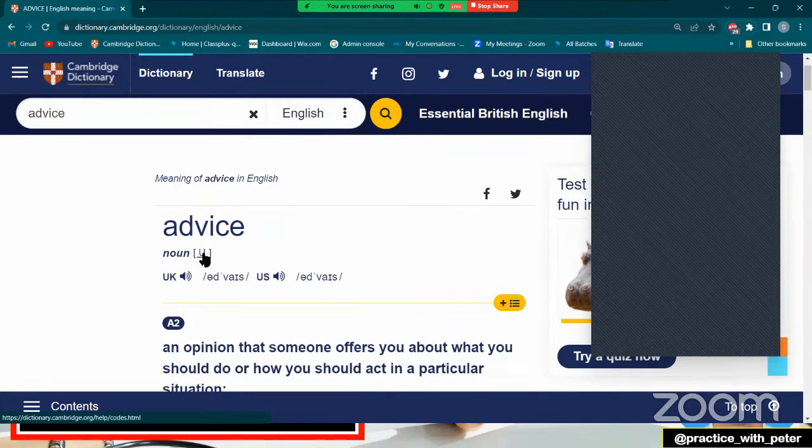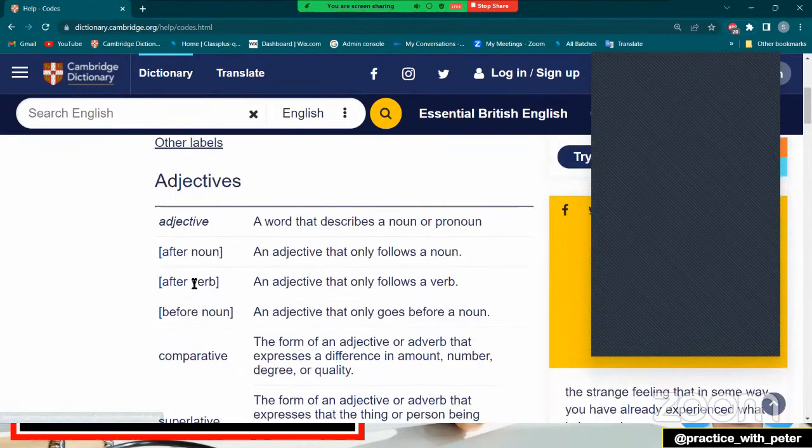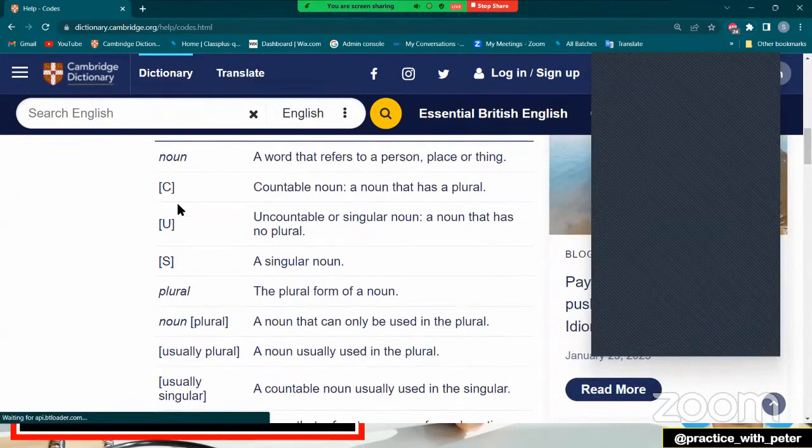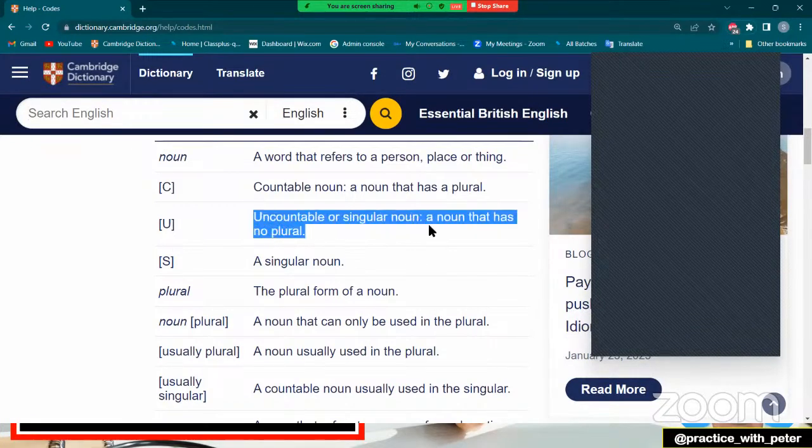You have to know these things. Countable, C. Uncountable, U. S means singular noun. Uncountable, that means you cannot use plural. Uncountable are singular noun, a noun that has no plural. You cannot write a plural advices. It's a blunder, not a mistake.